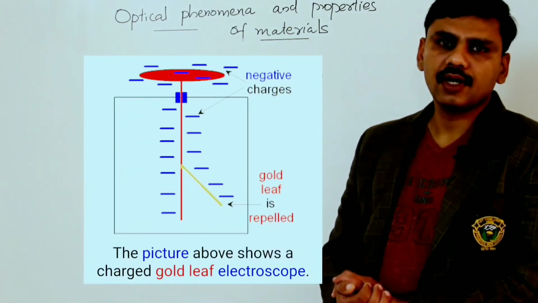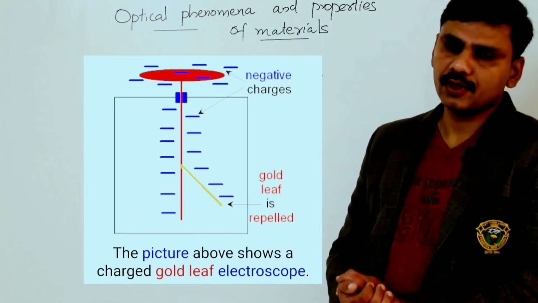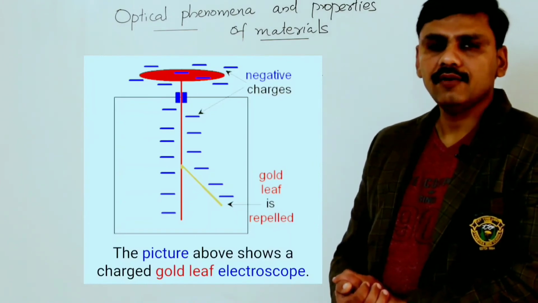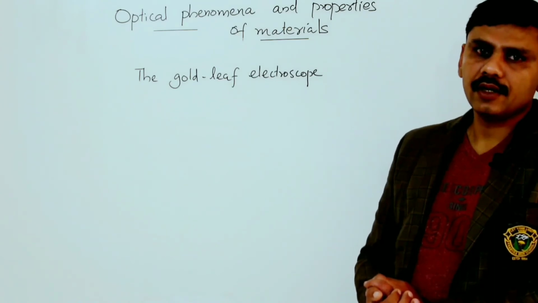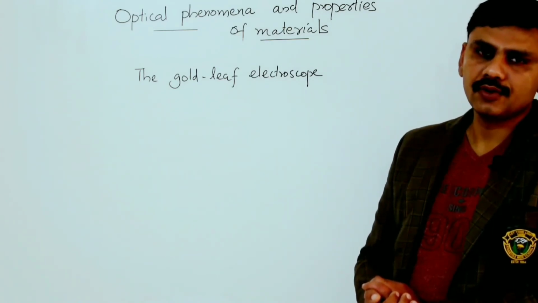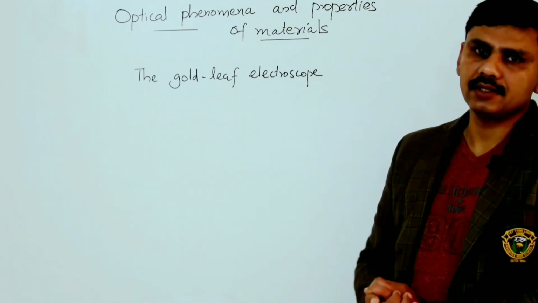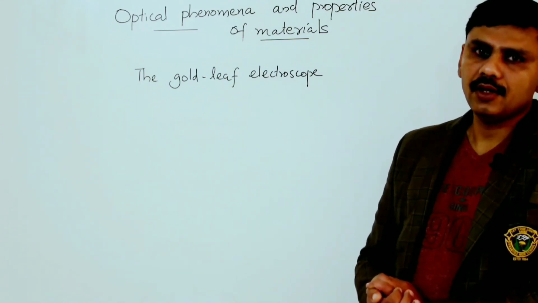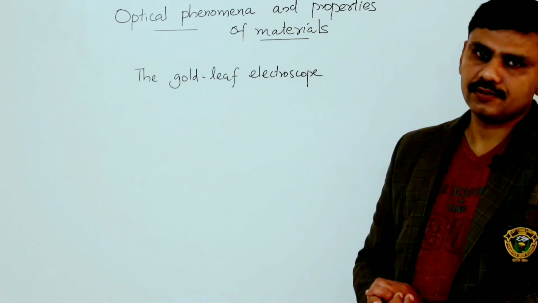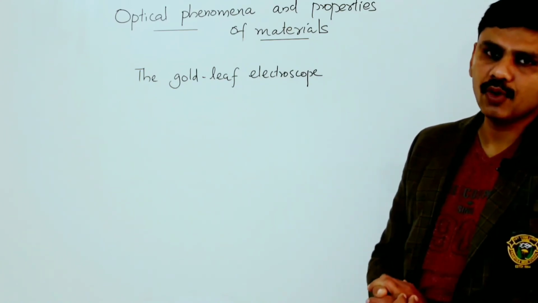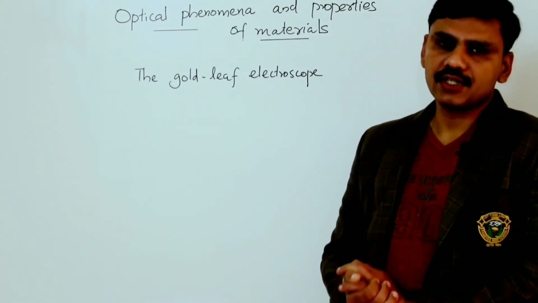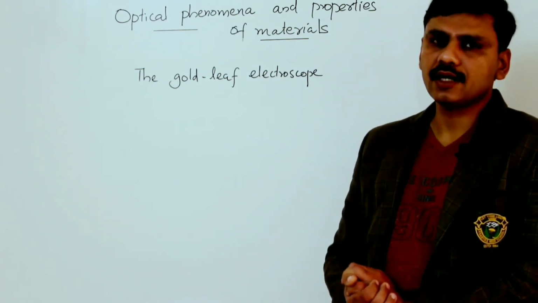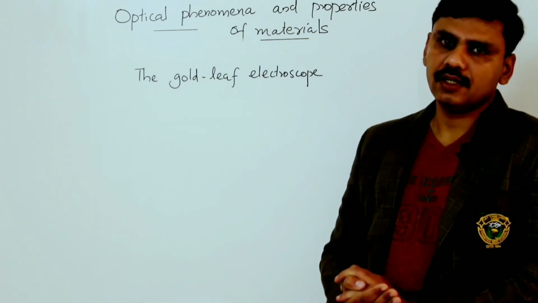The gold leaves are diverged because of the negative charge, and we are keeping a zinc plate on top of the disc, and we allow visible light to fall on the zinc plate, and you can't see any movement of the gold foil with the visible light. That means visible light has no effect here.